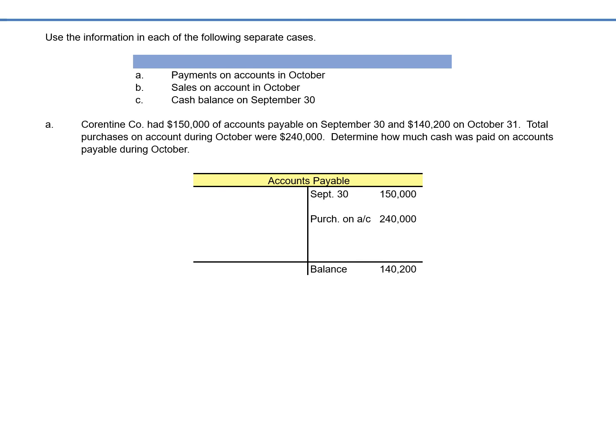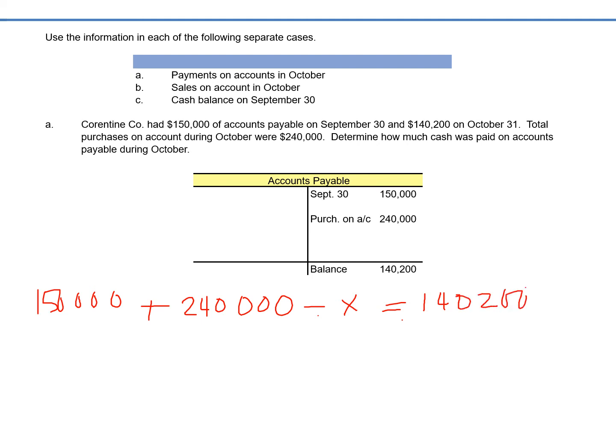So again, $150,000 plus $240,000 minus X equals $140,200. So if we subtract 150,000 from both sides of our equation, it's 0 here.